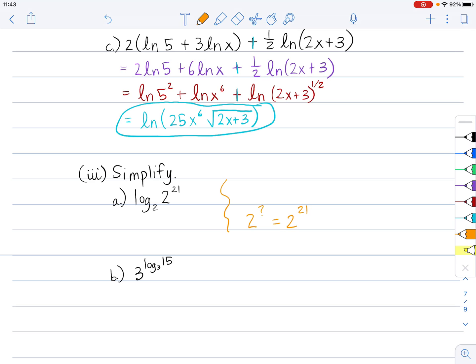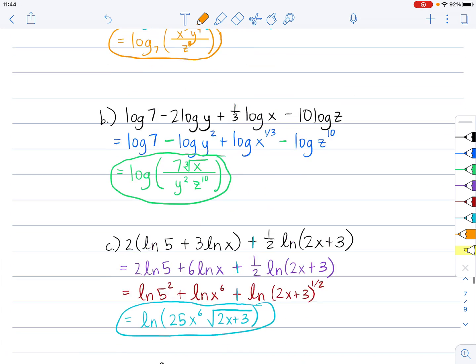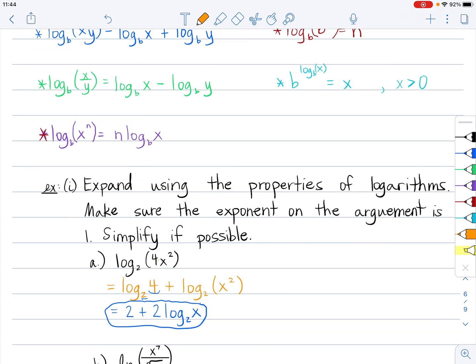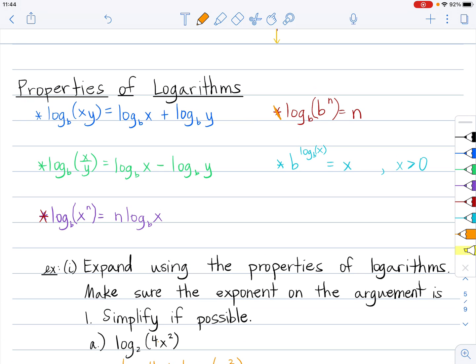Oh, well, question mark needs to be 21. But even easier than that is log base 2 of 2 to an exponent, those 2's cancel, or log base 2 of 2 cancels, and 21 falls out. All done.